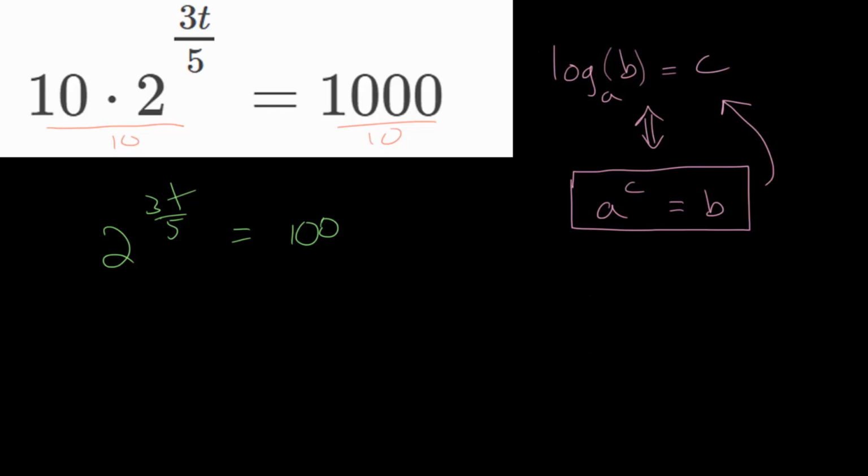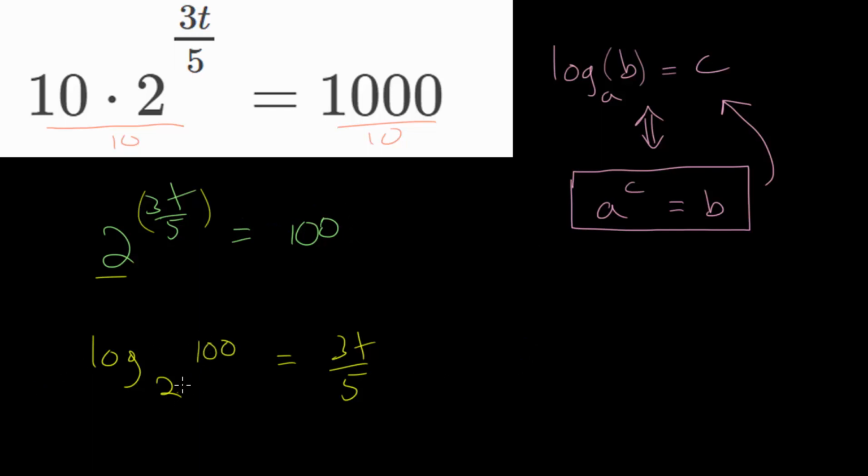And rewriting this as a logarithm, remember that it has the same base as the exponential expression. We have log base 2, and logarithms are equal to exponents. So the exponent here is what the logarithm is equal to, and the input of the logarithm is what the exponential expression is equal to.